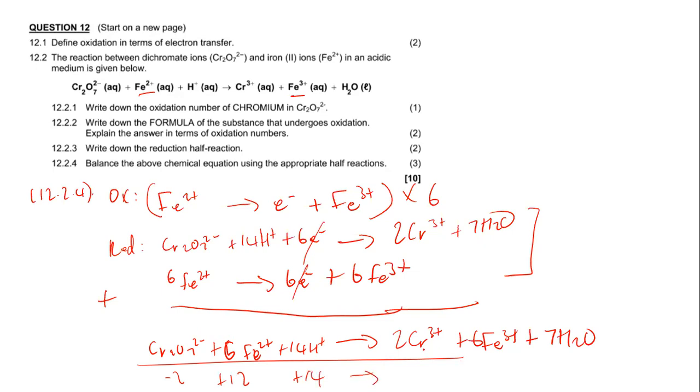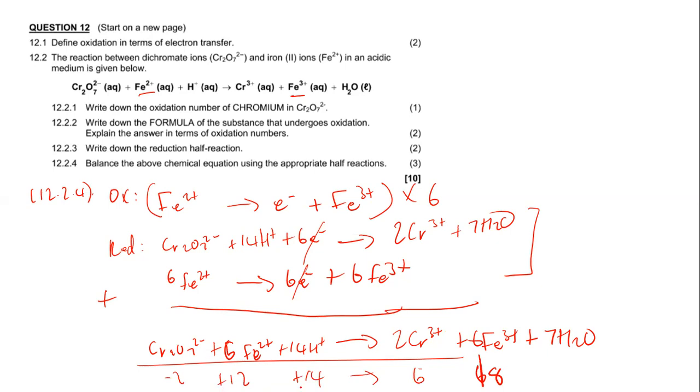And then this side, let's balance the charges. 2 multiplied by 3, it's going to be positive 6. 6 multiplied by 3, I'm lying, 6 multiplied by 3, it's going to be 18. We're going to have positive 18 here, and then for 7 multiplied by 0, it's 0.